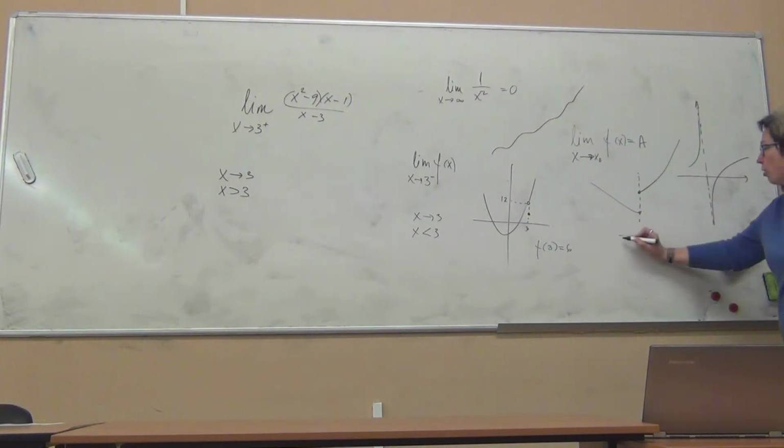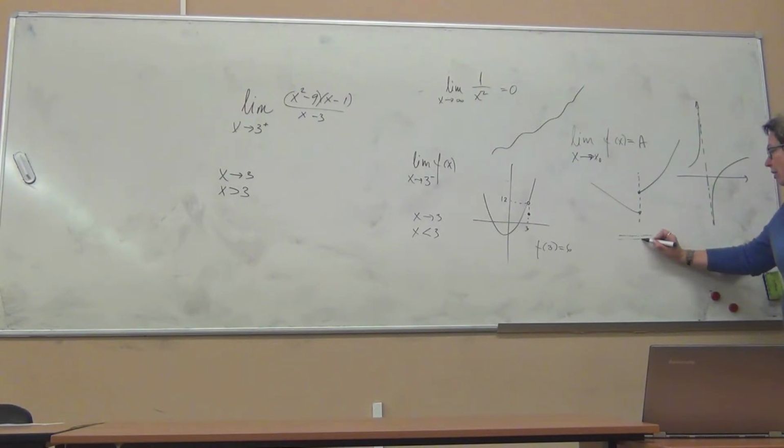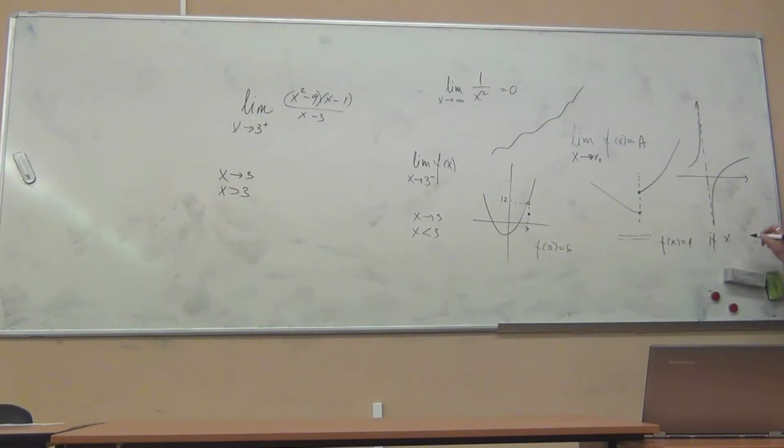For example, I could imagine that the function value is 1 if x is a rational number, which means it can be expressed as a quotient of two integers, and f of x is 0 if x is not a rational number. It's like a program.